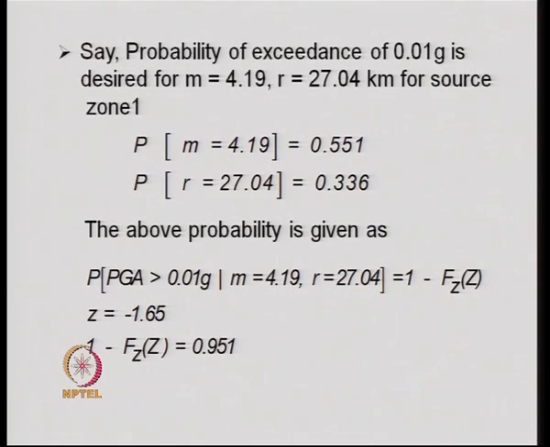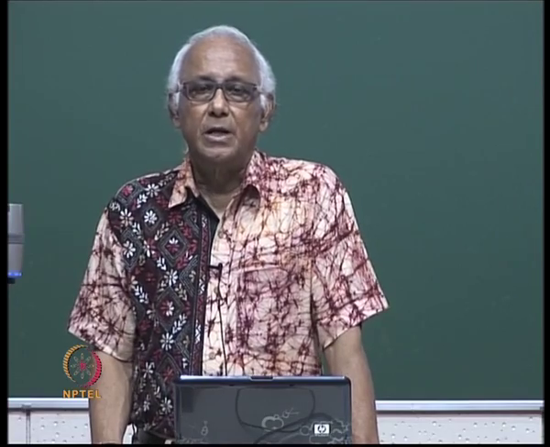of the Z. Now, if we calculate the value of Z for 0.01 g, then this 0.01 g is first converted into centimeter per second square unit, because in the attenuation relationship that we have used, the PGA value is calculated with a unit of centimeter per second square.